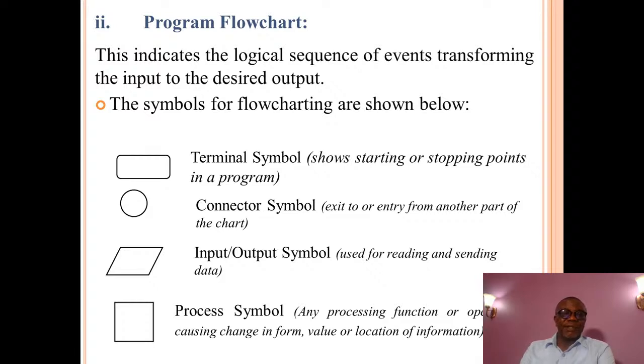Something like do 2 times 4 is a process. You are not getting the 2, you are not getting the 4. The data is already there, and you are just doing a process, 2 times 4. So you use that symbol, which is a rectangle.